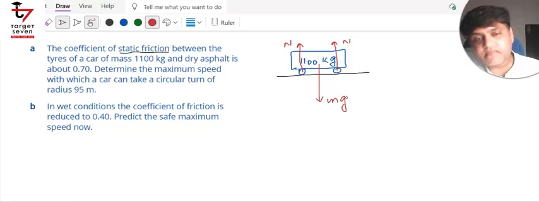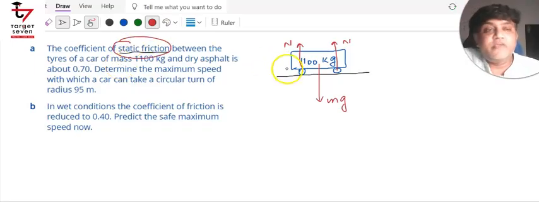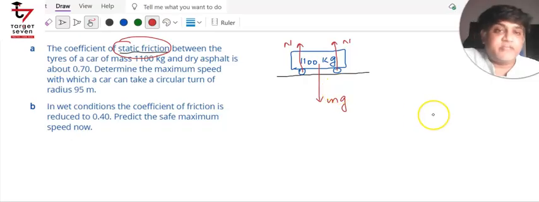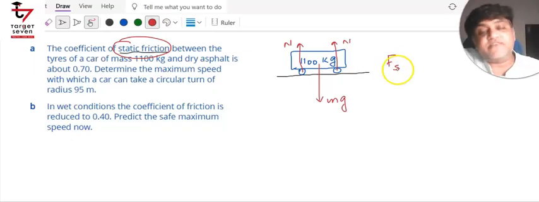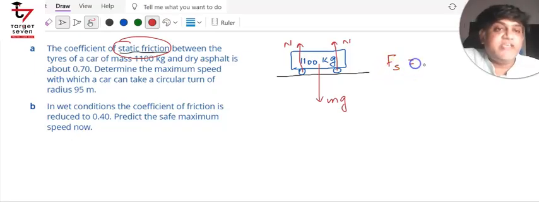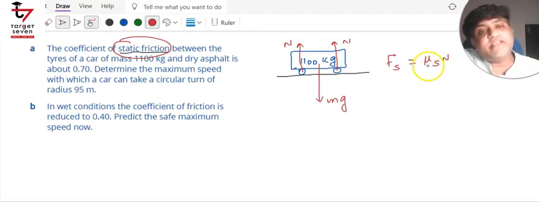Now, the only other force which is therefore responsible for the circular path, am I allowed to say, would be the static friction? From the data booklet, we will be able to notice that the maximum possible static friction acting on a body is given by mu s into N, with mu s being the coefficient of static friction.